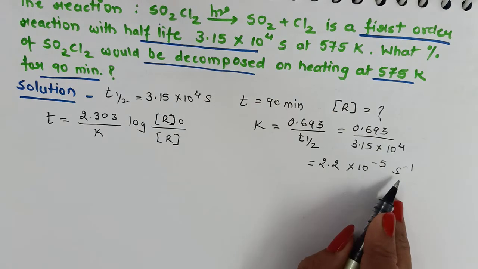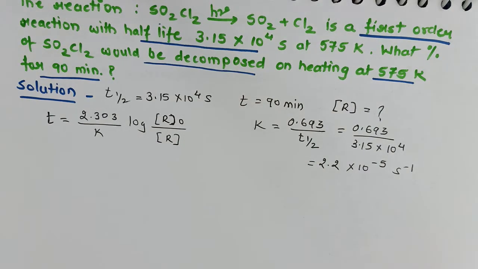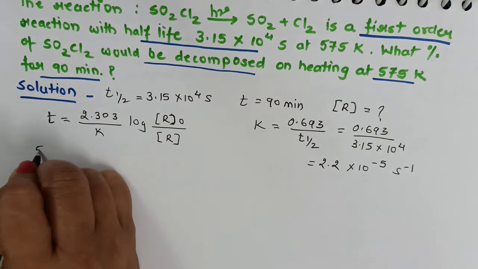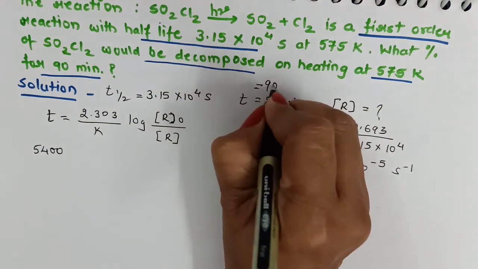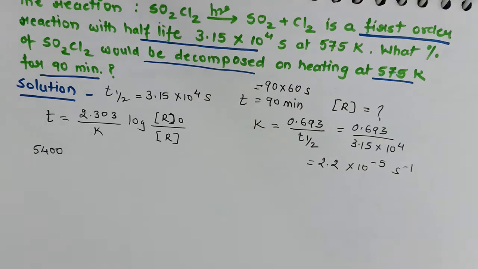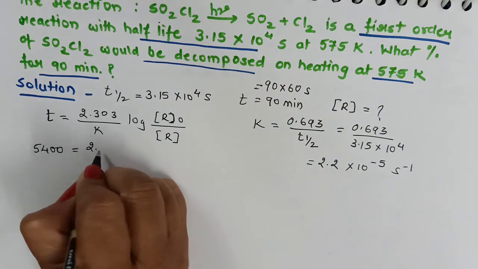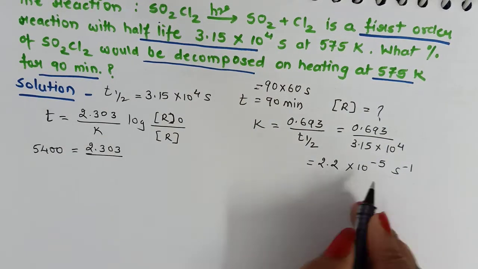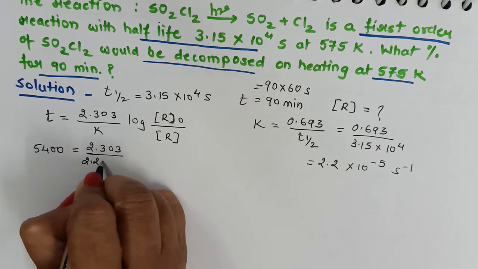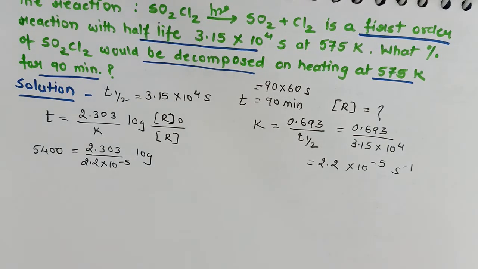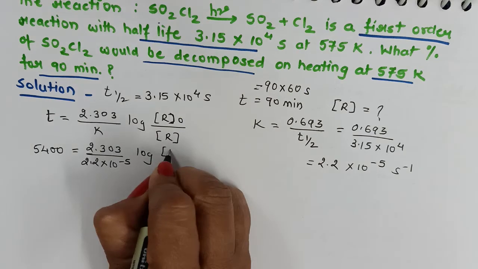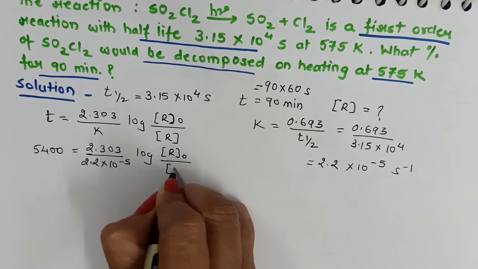This is in seconds. So we are supposed to convert it into seconds. So time becomes 5400 seconds. This is 90 into 60 seconds. That is equal to 2.303 upon K, we have got 2.2 into 10 to power minus 5, log R0 upon R.